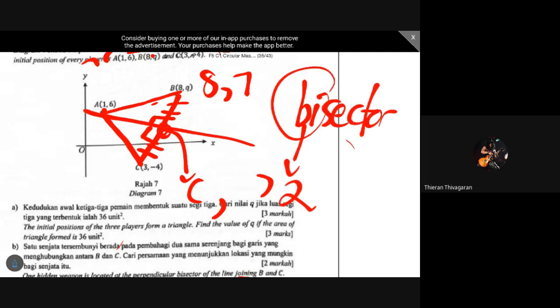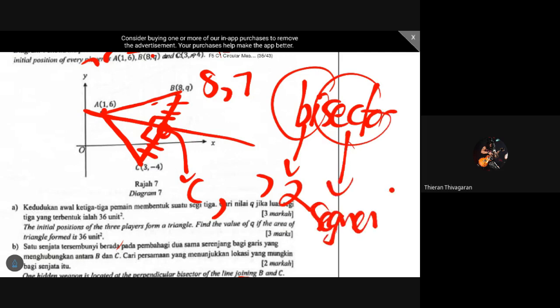Yes, very good. Selalunya garis berserenjang ini, the perpendicular line will always intersect the midpoint of another line. Dia selalu akan memintas titik tengah salah satu garis lagi. Remember that guys, perpendicular bisector always sama jarak dua yang ni. That's why we call it bisector. Bi means two. Sector means something like segment.